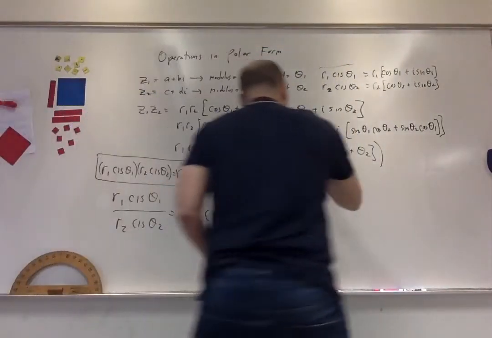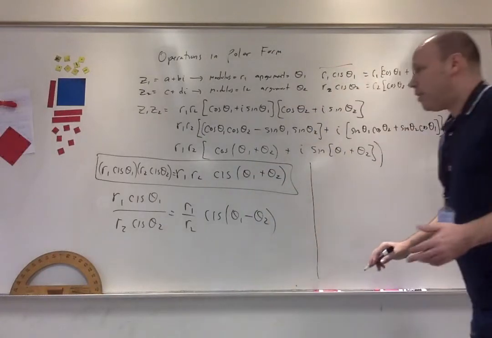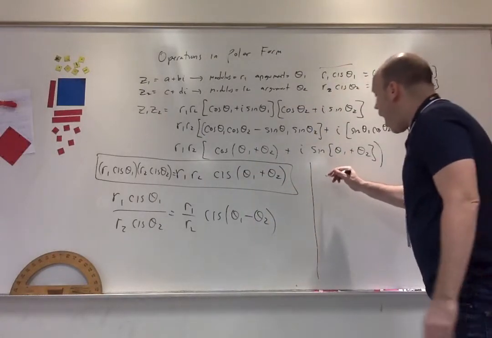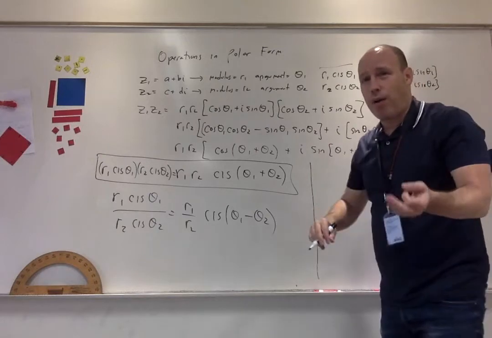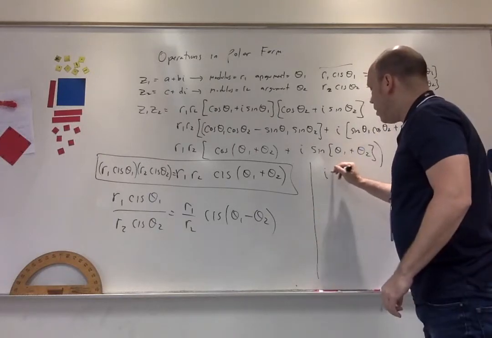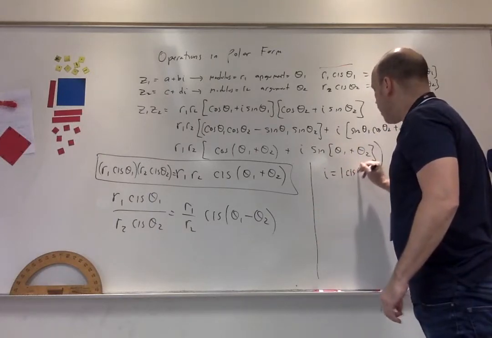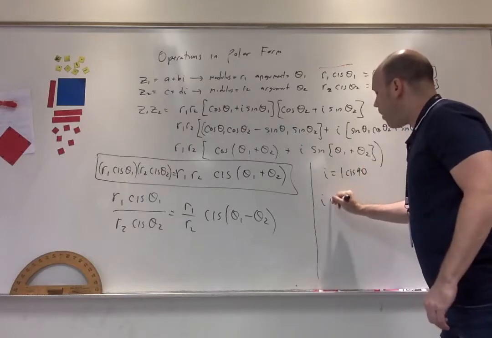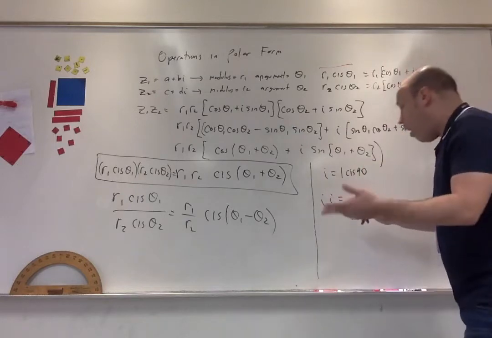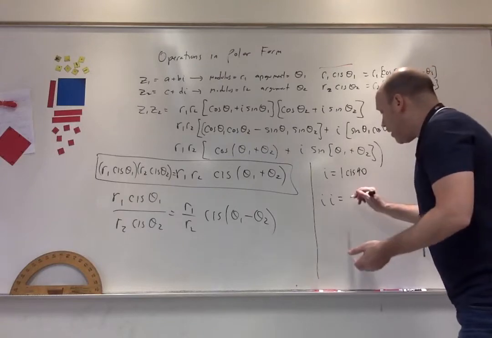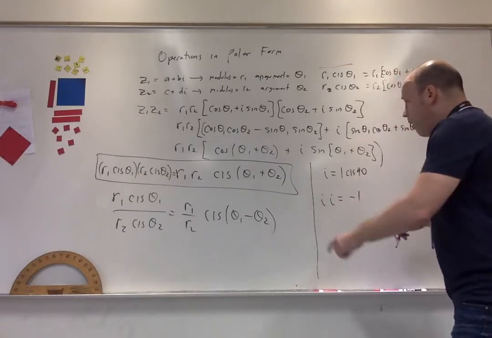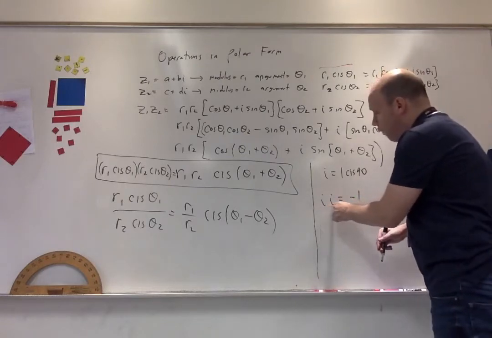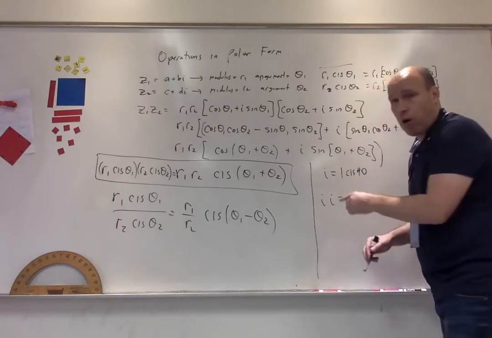So for example, I want you to know that i is 1 cis 90. Well, what's i times i? You'd say, okay, well, i times i is -1. But if we're multiplying two complex numbers, it's like adding their arguments.